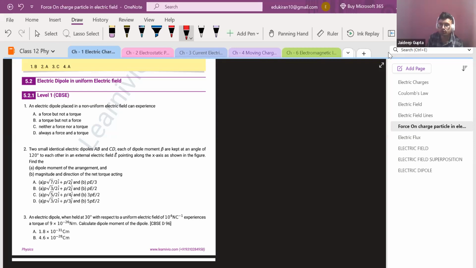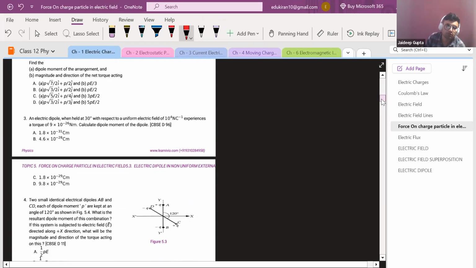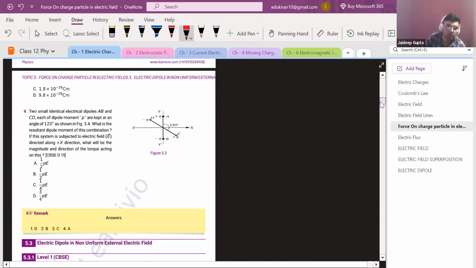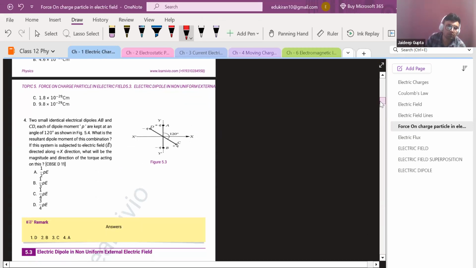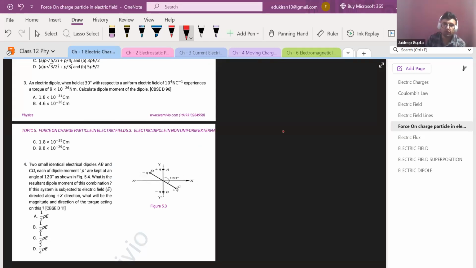Which formula do we have to use? pE sine theta. Do it at home as homework.